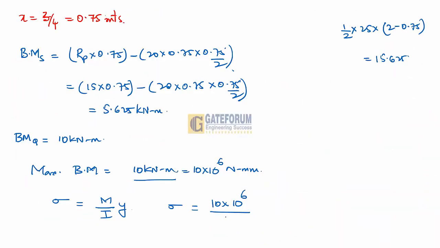So 24 into 10 cube divided by 12, and y will be equal to 100 by 2. The entire calculation comes out to be 250 megapascals.